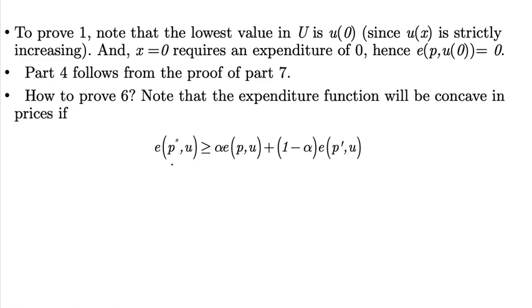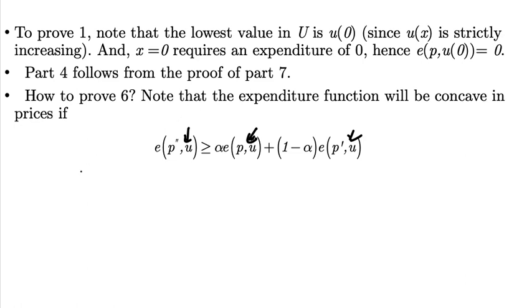This condition says that expenditure evaluated at price P double prime with a given utility U is greater than or equal to some weight, call it alpha, multiplied by expenditure evaluated at price P for the same utility U, plus 1 minus alpha times expenditure evaluated at price P prime with the same level of utility. So how do we explain the concavity in prices of the expenditure function here?